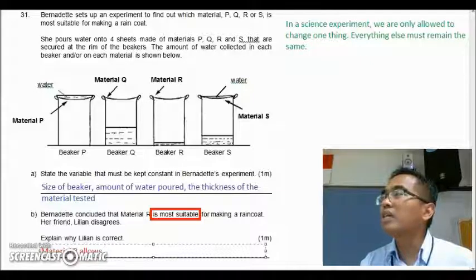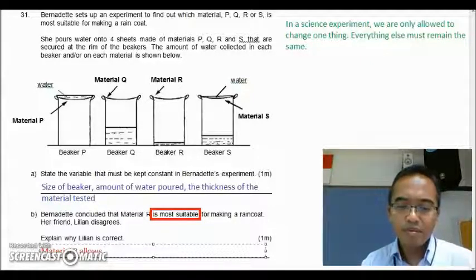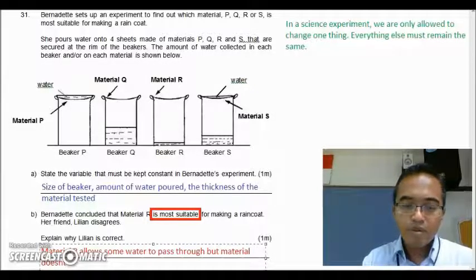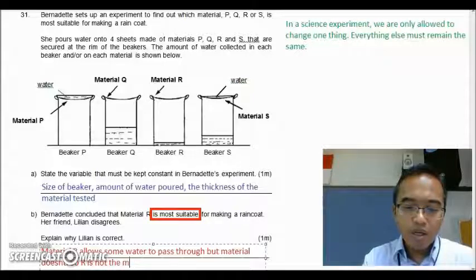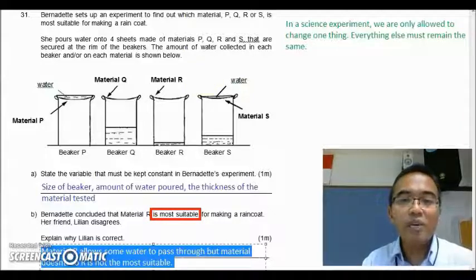Some of you are talking. I cannot hear Janelle. Again, Janelle. Material R allows some water to pass through, but material P doesn't. So therefore, material P is better than material R. So R is not the most suitable. Am I right? Do you understand what Janelle just said? Yes.